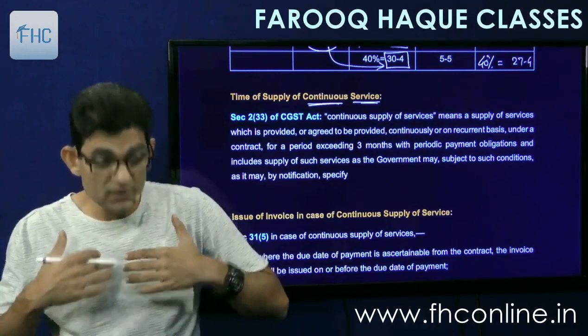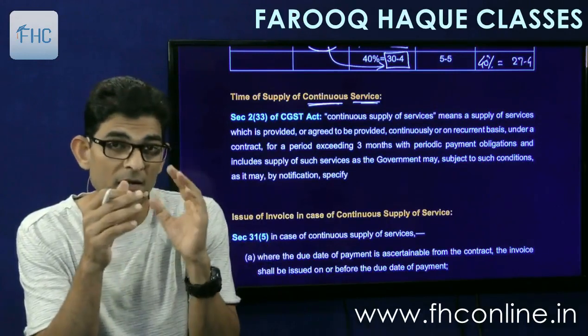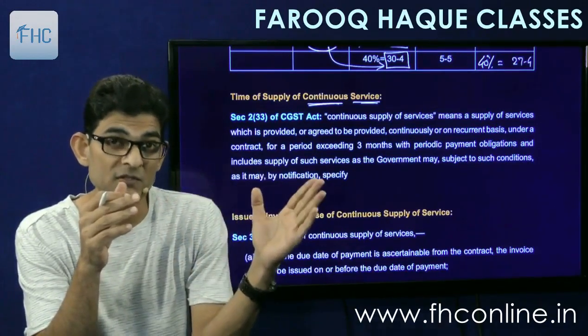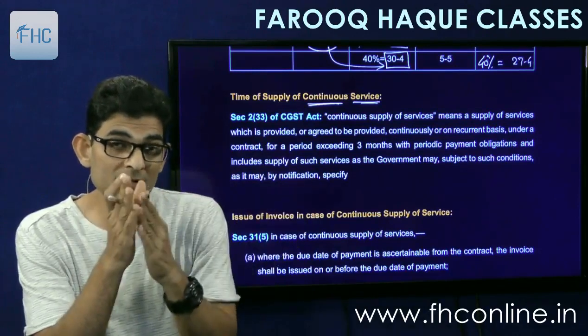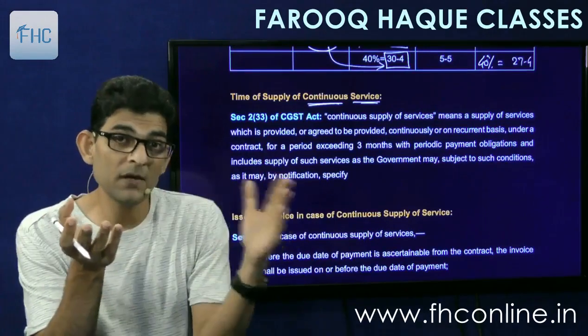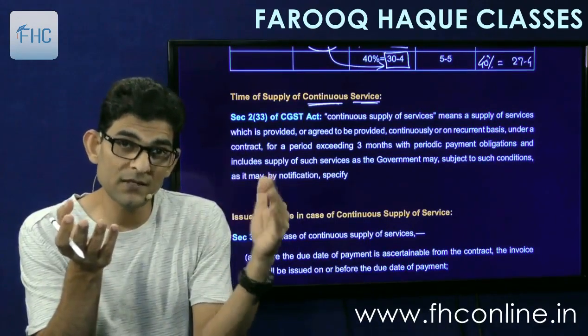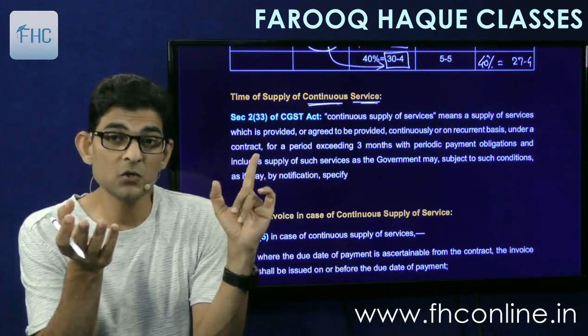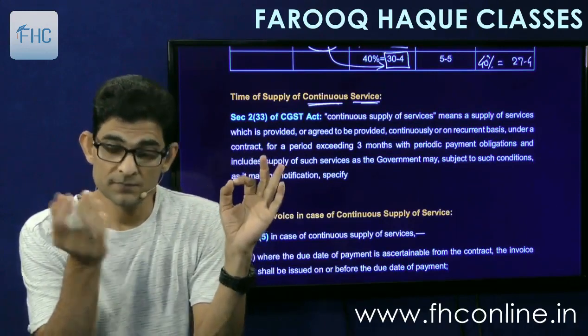Any service which continues for more than 3 months and where the money will be received on periodical basis. At the initial stage we don't know how much amount we are going to receive. It will depend upon the length of the service and the periodical. So money will be received on periodical basis. Then it is called as continuous service.